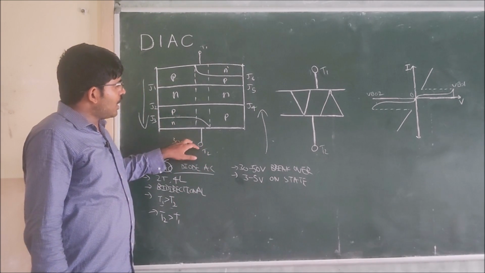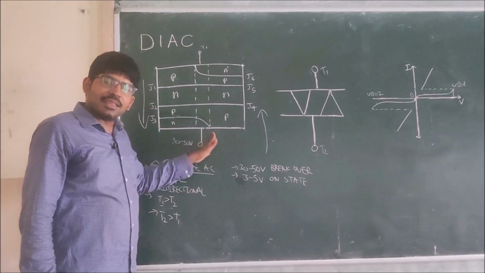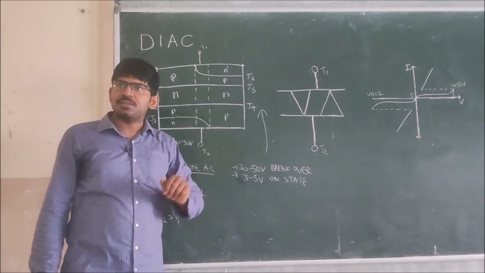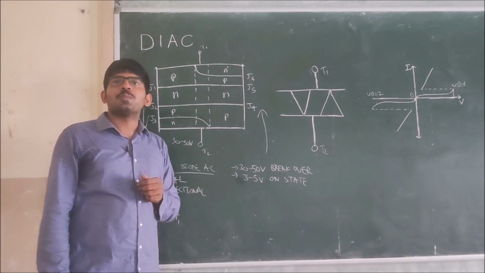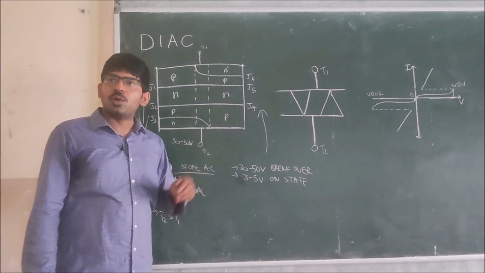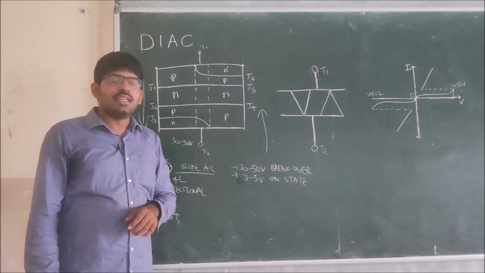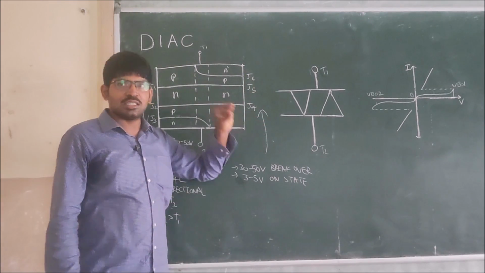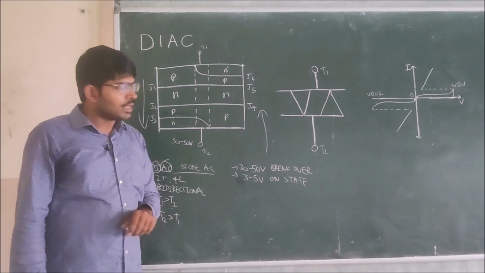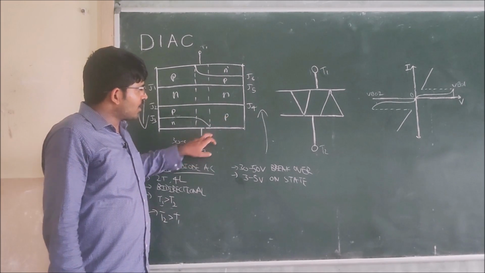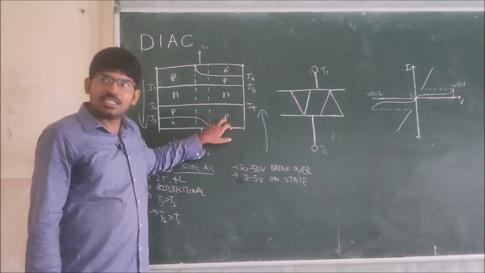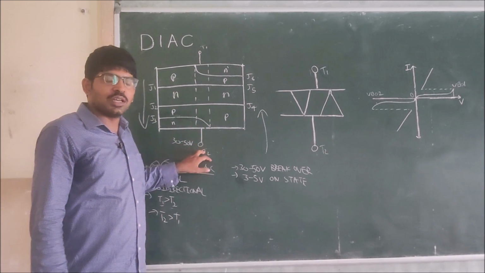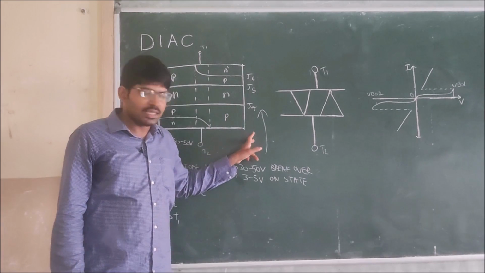When we are operating this diac from this direction, when we are increasing the voltage at T2 with respect to T1, initially J4 and J6 junctions are forward biased because we are giving the positive supply to the P region.